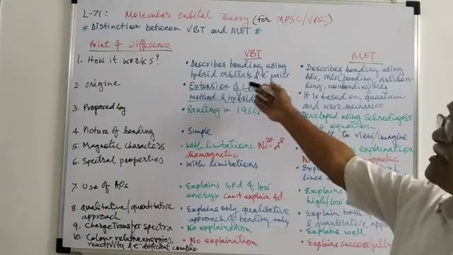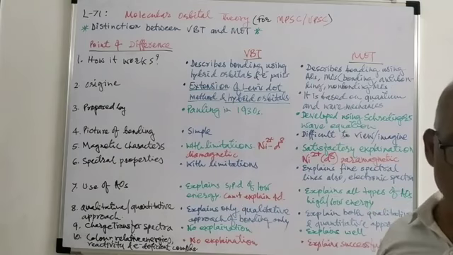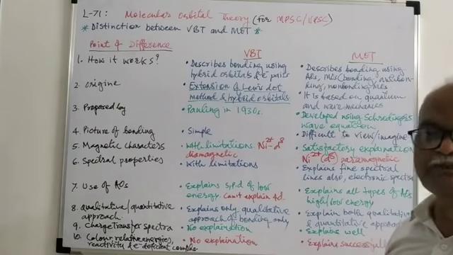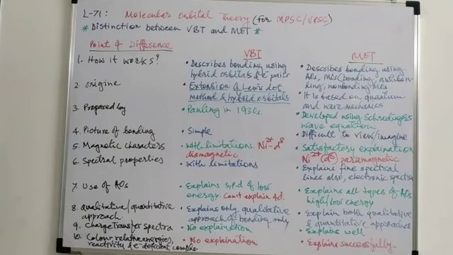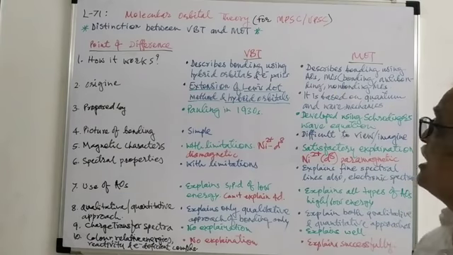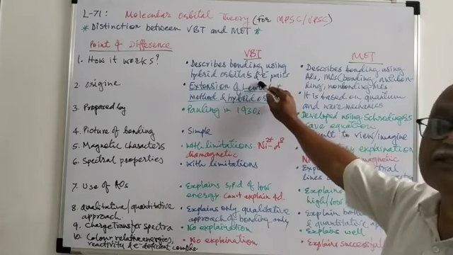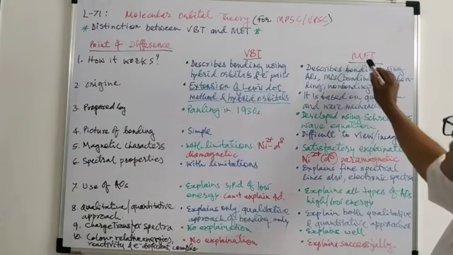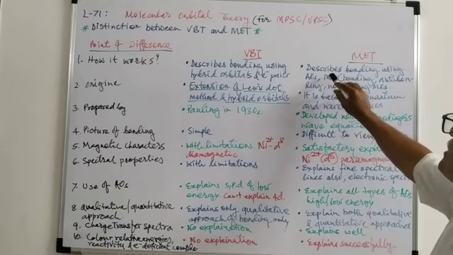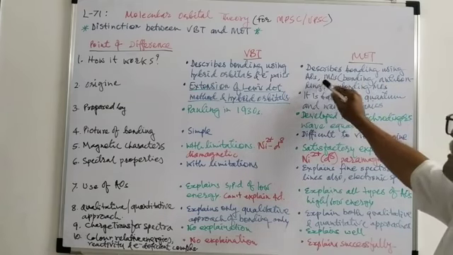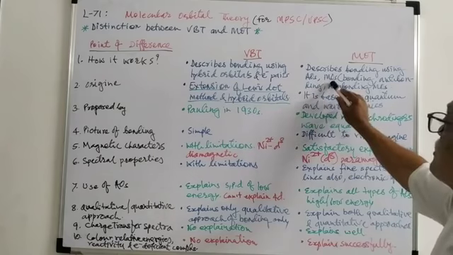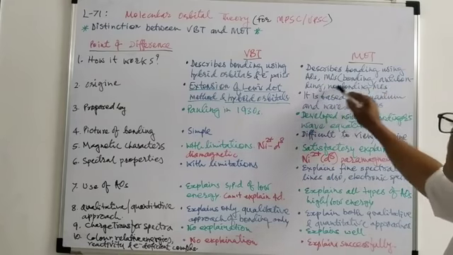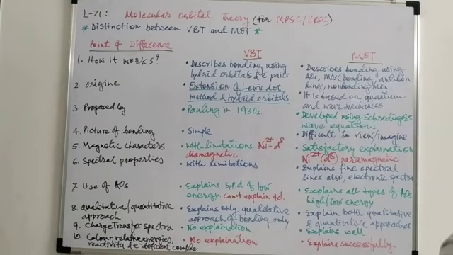So here we can see the hybridization: sp, sp2, sp3, dsp2, etc. There are different types of hybridizations, and such hybridization is very much used in VBT. MOT, contrarily, describes bonding using atomic orbitals and molecular orbitals, which are of bonding, anti-bonding and non-bonding in nature.